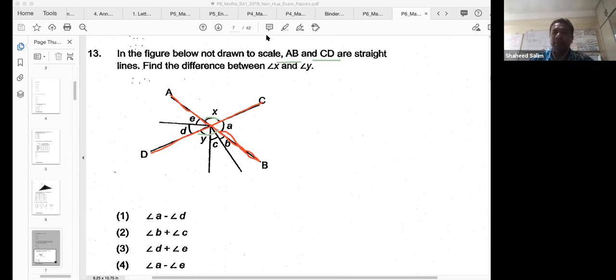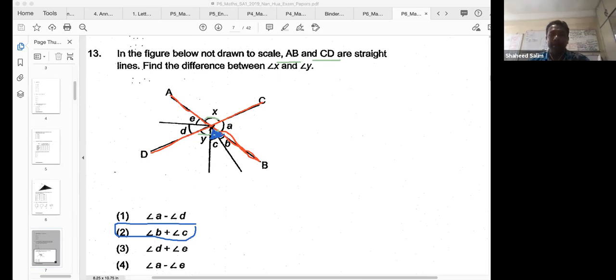So now, what's the difference between the X and Y? Look, B plus C is the difference. X is bigger than Y by B and C. Can you see now?